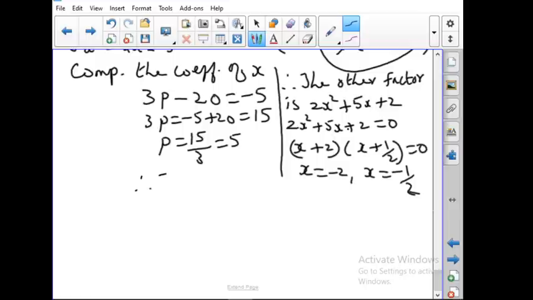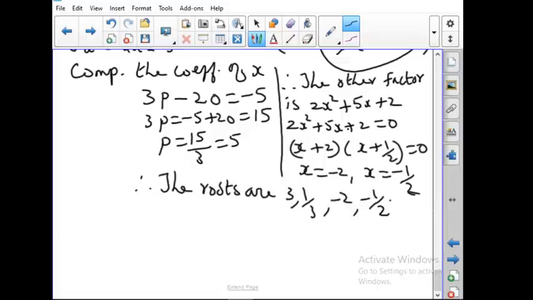Therefore, the roots are 3, 1 by 3, minus 2 and minus 1 by 2. Then, so this exercise is over, exercise 3.5. We'll go to the next topic.